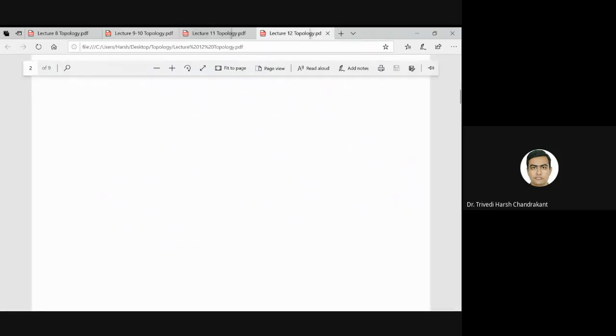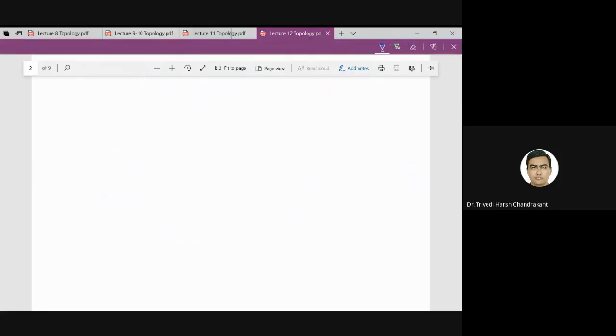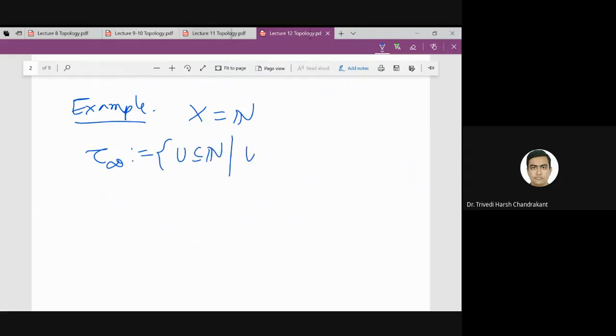In this case, we take X equal to, let us say, the set of natural numbers, and we define T infinity on this set of natural numbers as the subsets U of N, so that either U equal to phi, U equal to X, that means U equal to N, or U complement is an infinite set.